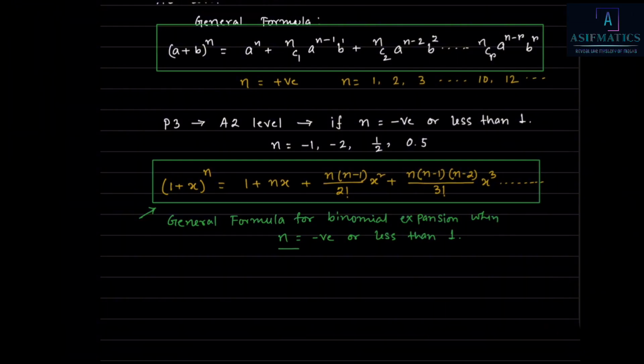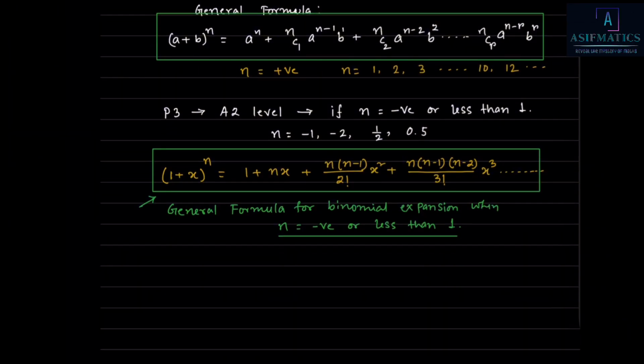So this is very important. This new general formula, which we learned now for n negative or less than 1, is the syllabus for your A2 level exam.